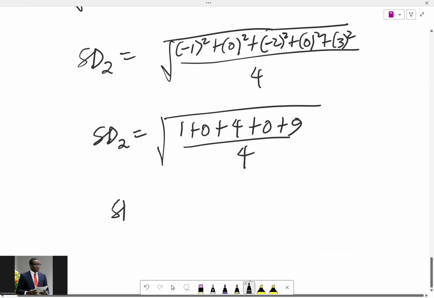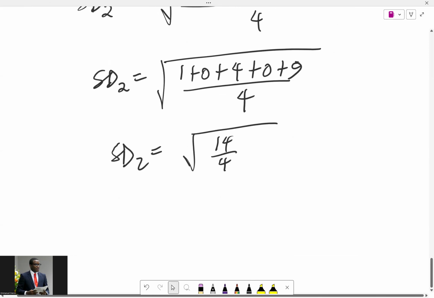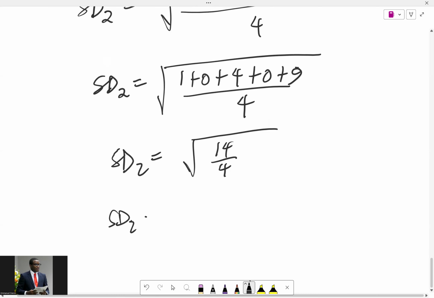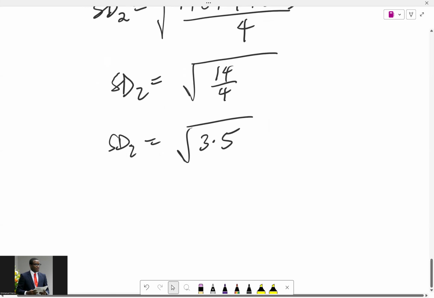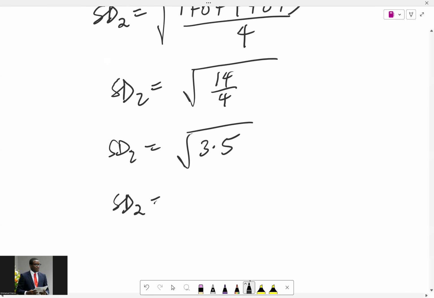That's 1 plus 0 plus 4 plus 0 plus 9 divided by 4. So SD2 is equal to the square root of: 1 plus 4 is 5, 5 plus 9 is 14, 14 divided by 4. So we have SD2 to be the square root of 7 over 2, that's the square root of 3.5. That's the second standard deviation. It's definitely 1 point something. So let's do the square root of 3.5.